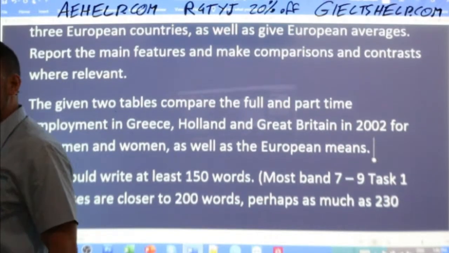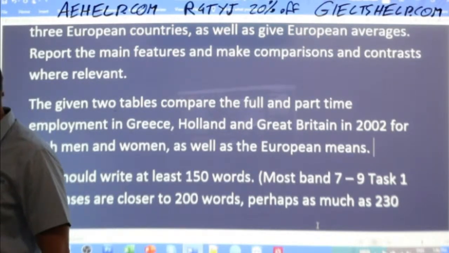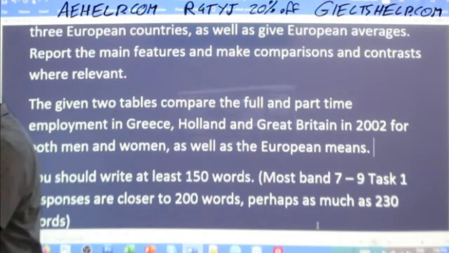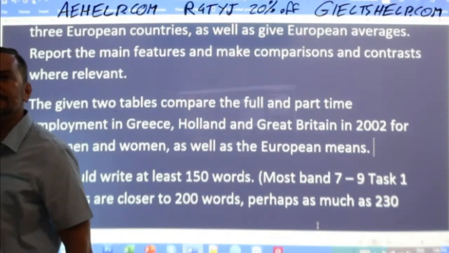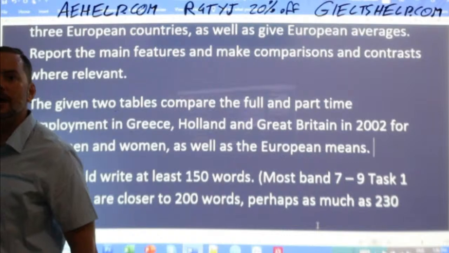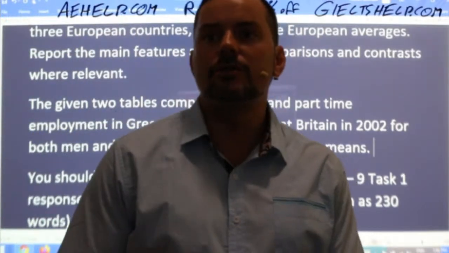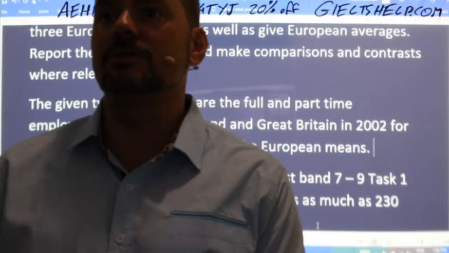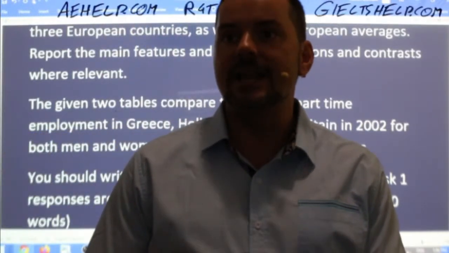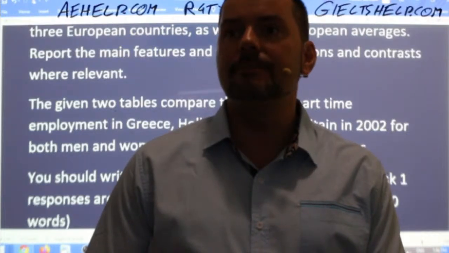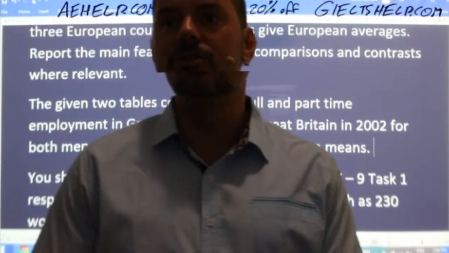All right, and then we look at the main feature. Before I get into that, let me give you a little bit of feedback on what you have written so far, okay? All right. So, Kyber says, these two given tables show the contrast of average numbers of hours worked by both males and females in half and full-time positions in Greece, Netherlands, and the United Kingdom in 2002.